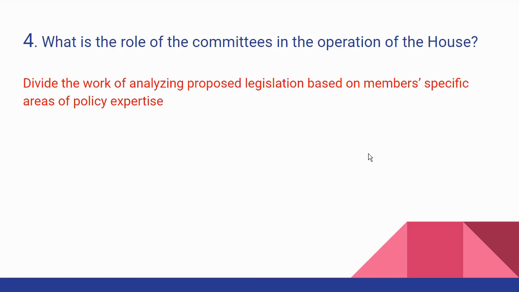Then they have select committees, which are only appointed for temporary purposes and then are dissolved. For instance, you have the House Ways and Means Committee, which is one of the more important committees in the House. What they do is they determine the budget and the taxes that are going to be proposed. And so any bill that has to do with budget would be sent to the House Ways and Means Committee.